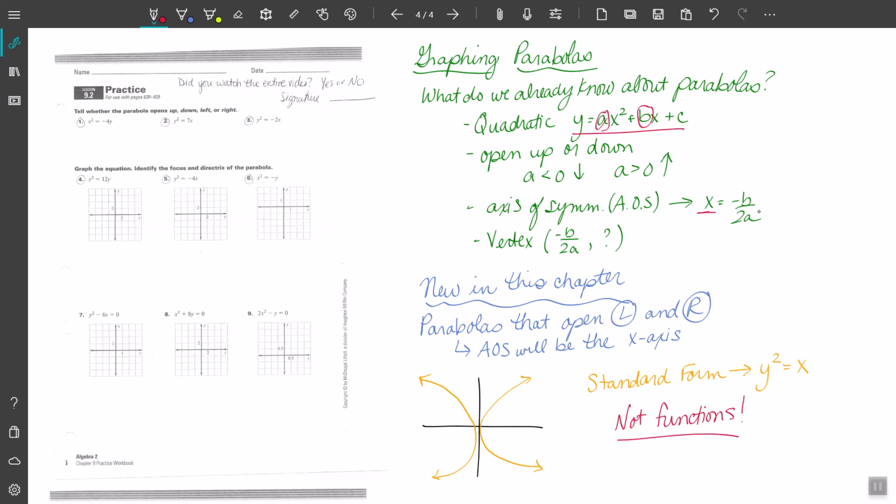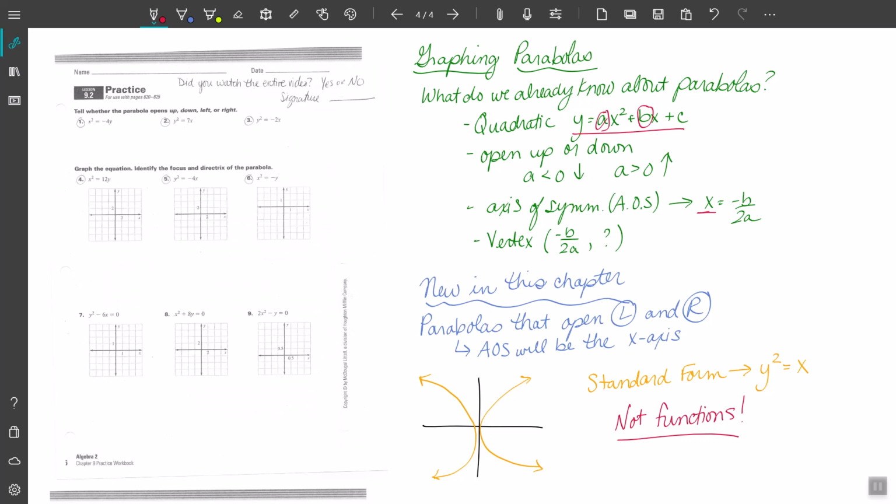By following that formula, we found the axis of symmetry, which also gave us the x coordinate for the vertex. The vertex was either the topmost point or the bottommost point, depending on how it opened, up or down, of our parabola.